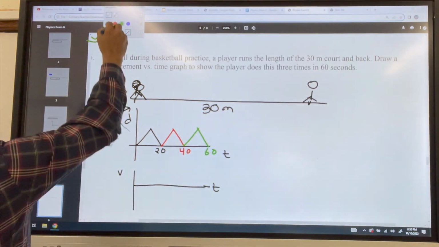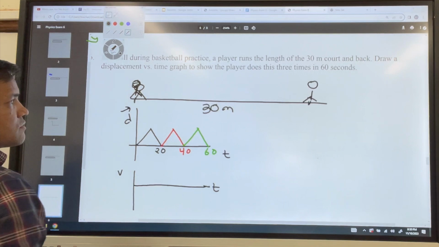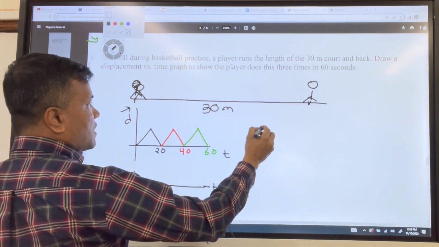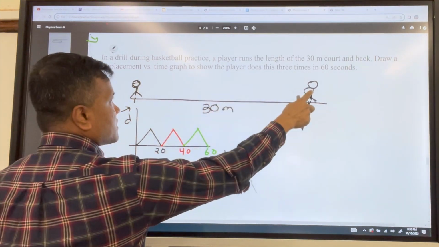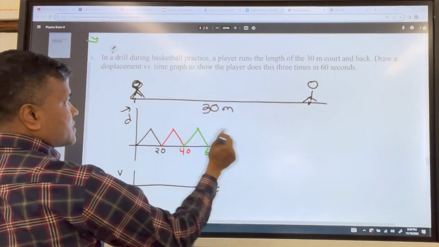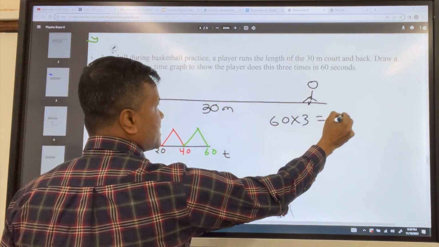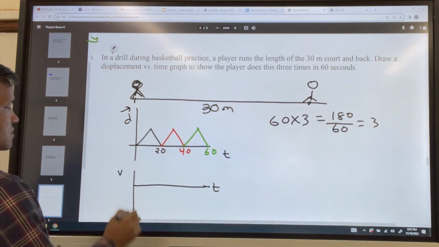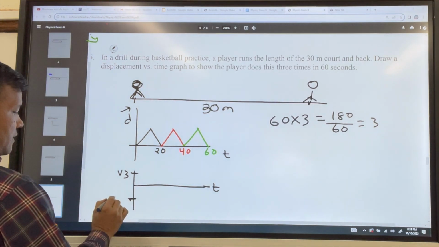So now let's finish this. The velocity: this plus this is 60. He does it 3 times, 180. He spends 60, this is 3, and this is negative 3.